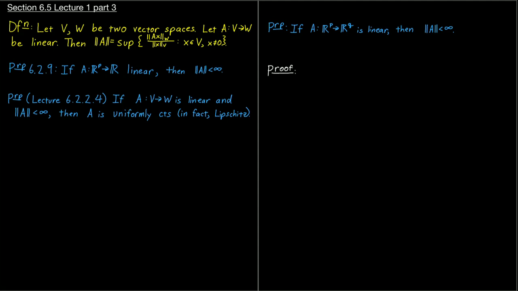So let's do that. Let's let X be in R^p that is not the zero vector. Then the norm of AX, that's the norm of A of, remember you can always write a vector as the components times the coordinate vectors.